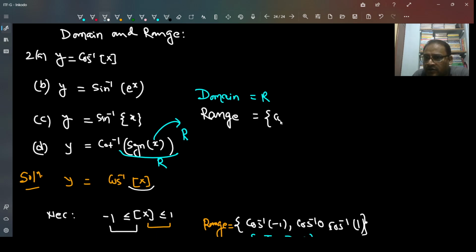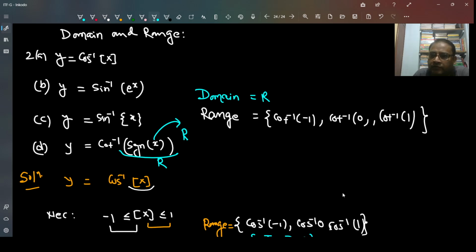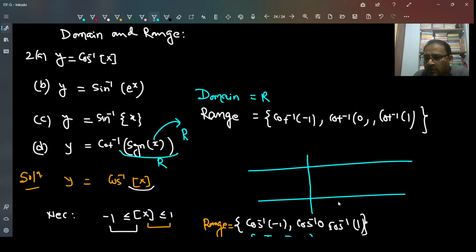So what you have as the range is cot inverse of minus 1, cot inverse of 0, and cot inverse of plus 1. When you look at the graph of cot inverse, the curve has the x-axis, the line y is equal to pi, and it cuts at the point pi by 2.